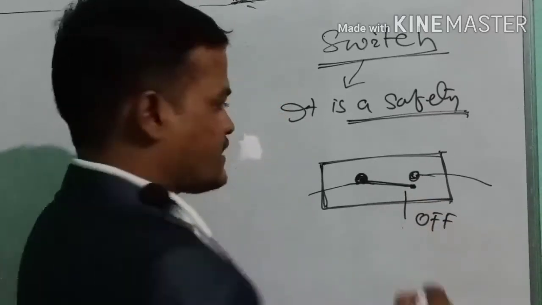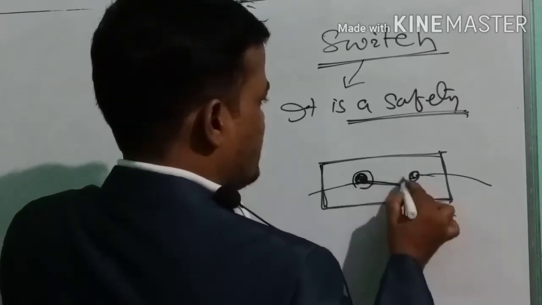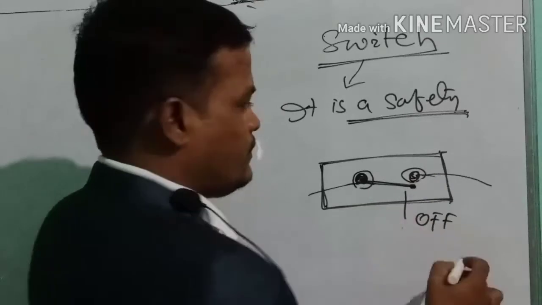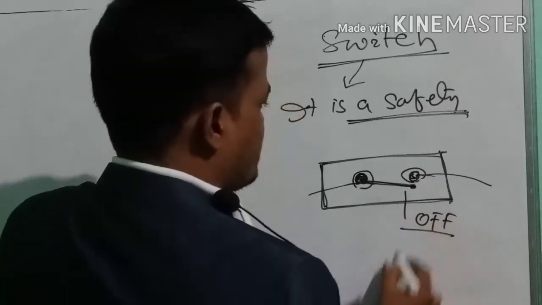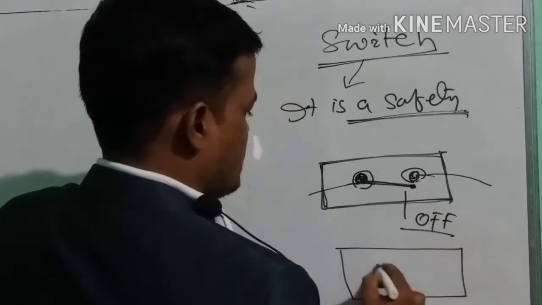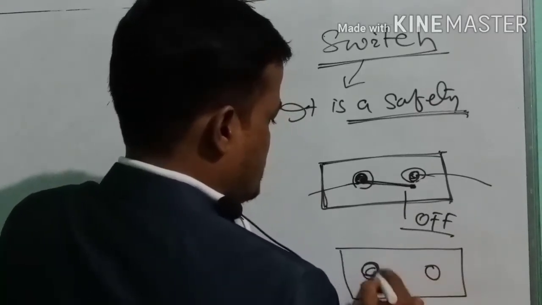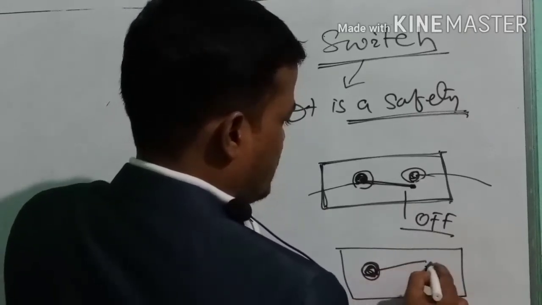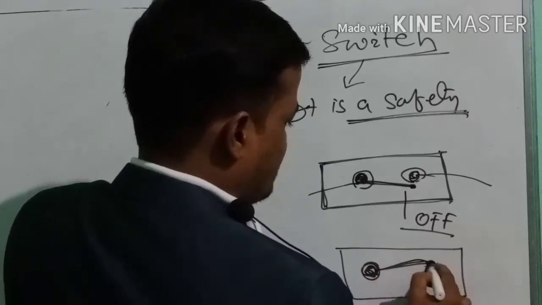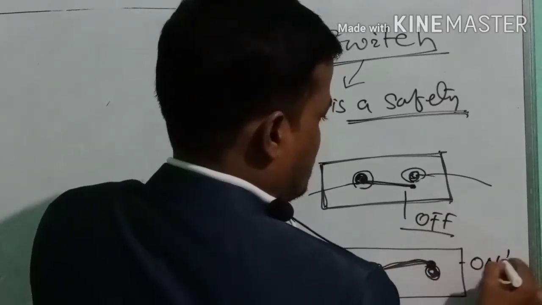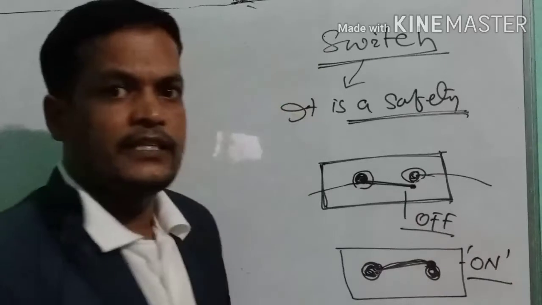The switch is in off condition. When it touches, it becomes on. Suppose it is a pin and this pin touches here. So this is called the on condition, and this is called the off condition.